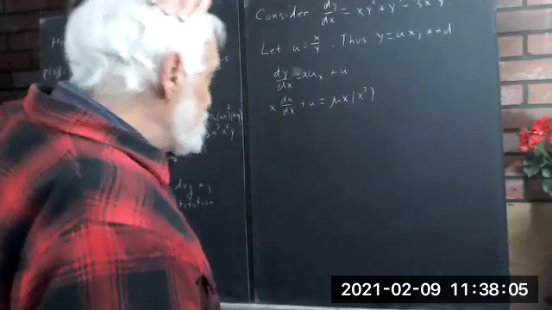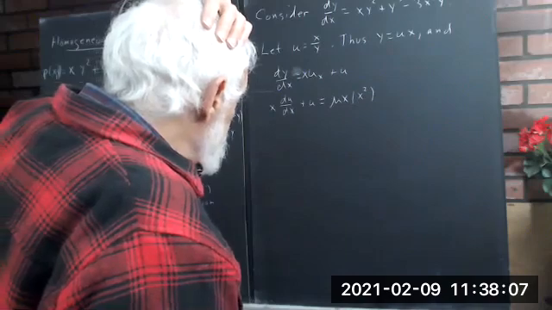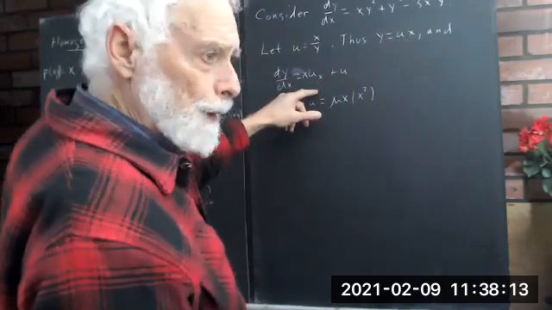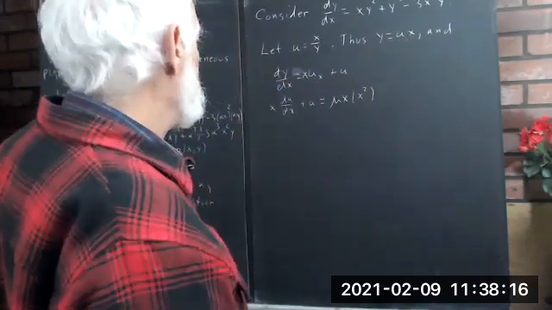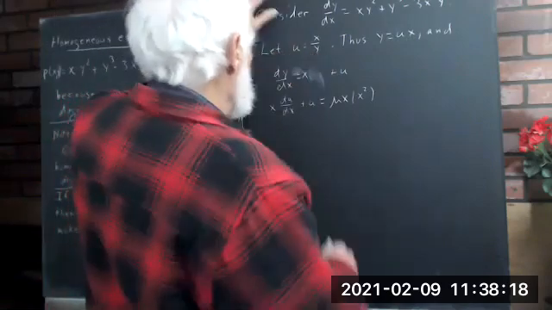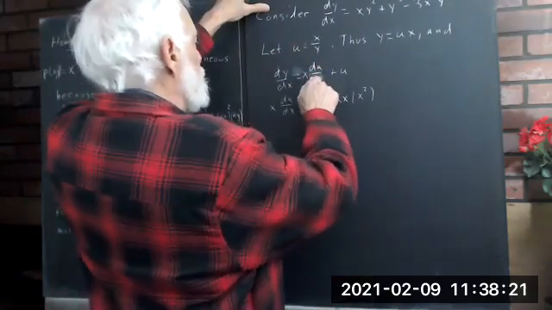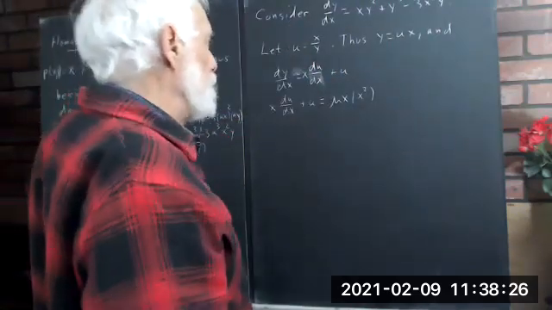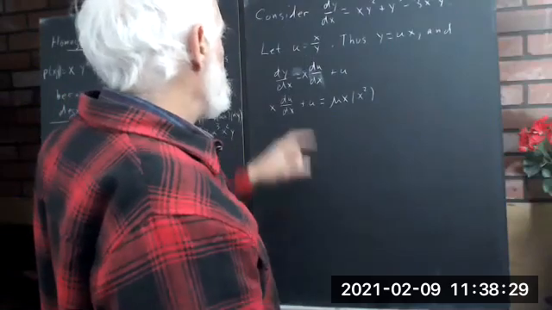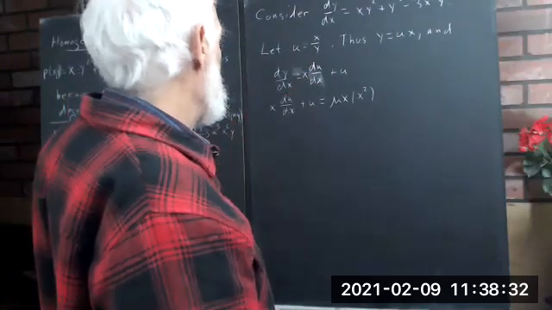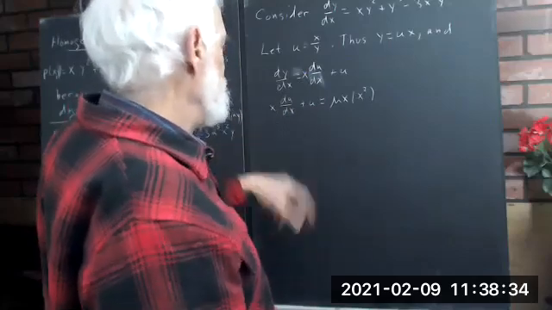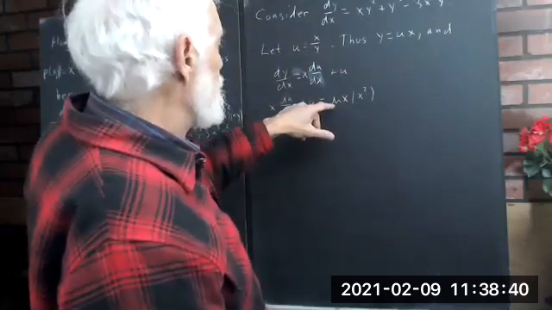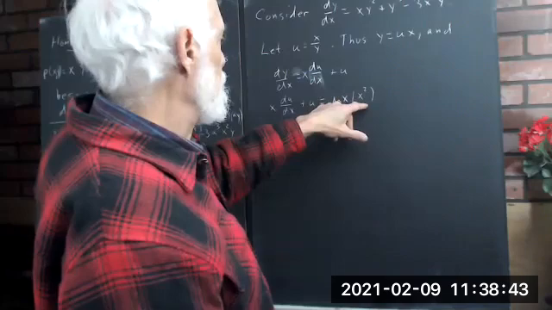And you know what? ux and u sub x are a little confusing. So I'm going to write this as du/dx. There's nothing wrong with what I wrote there, except it might be a little confusing. I can use this notation, and then it's no longer confusing. Okay? So x times du/dx, sorry, du/dx again is u times x squared.